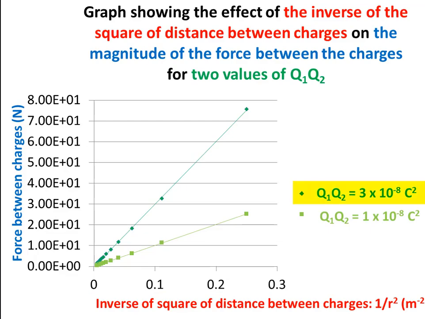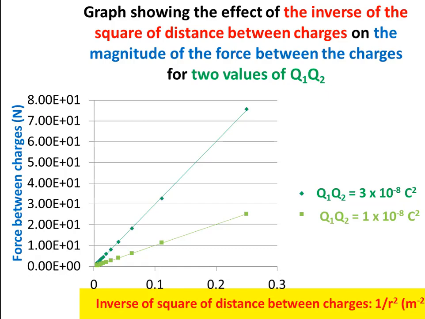Again, the dark green line, the upper line, refers to the greater product of the charges because it shows a stronger force for a particular distance. And you'll get a stronger force for a particular distance when the product of the charges is greater. Now, the independent variable is not square of distance between charges, but inverse of square of distance between charges, 1 over r squared.